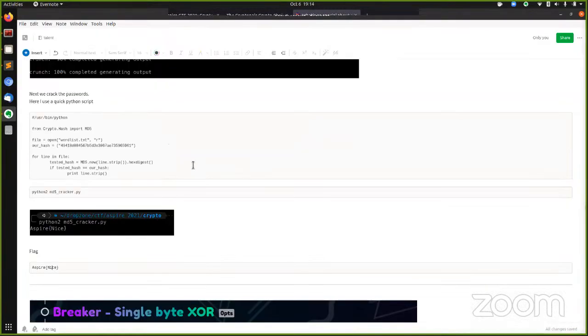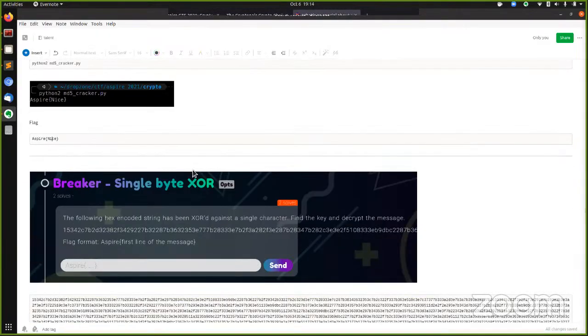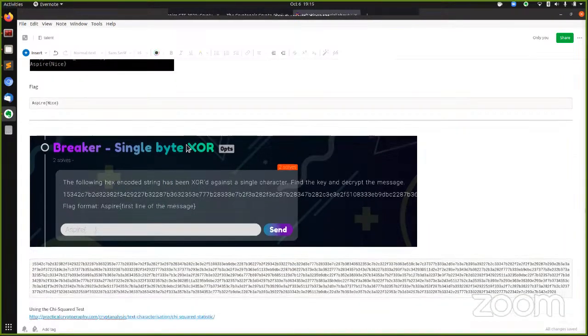The next challenge was called Breaker, and it was single byte XOR. The message was, the following hex encoded string has been XORed against a single character. Find the key and decrypt the message. So this was hex data.